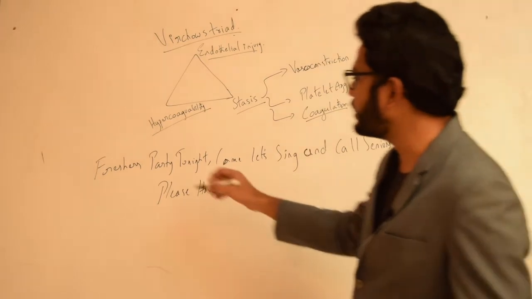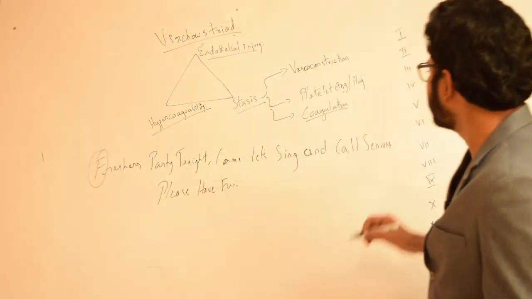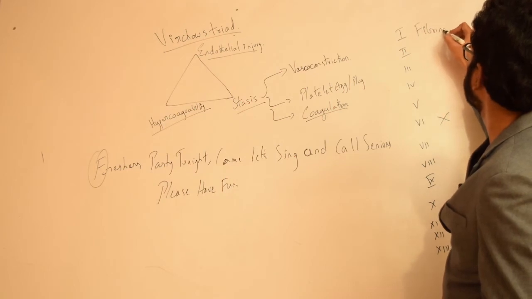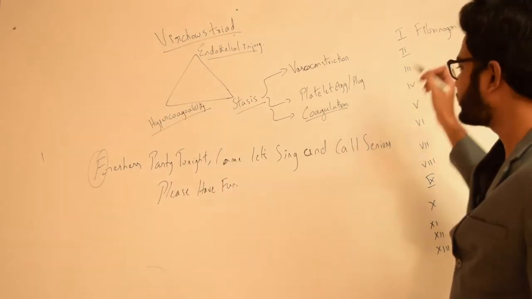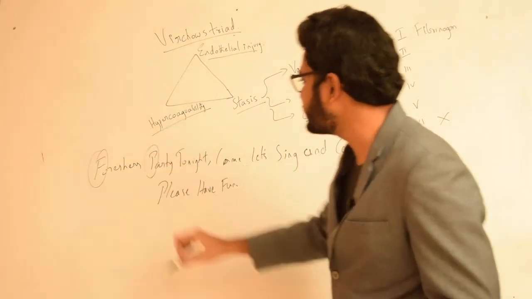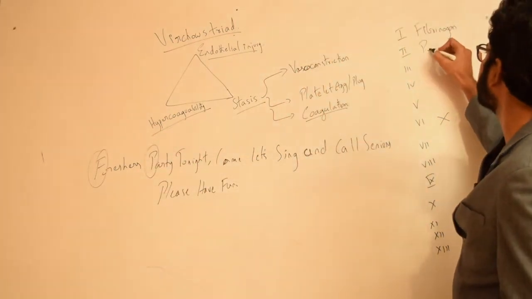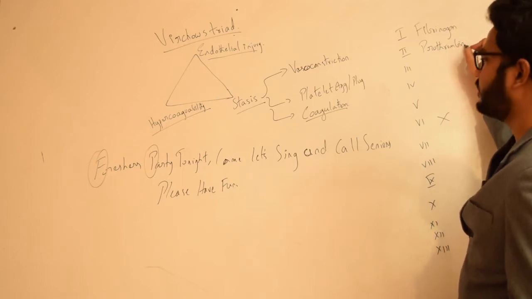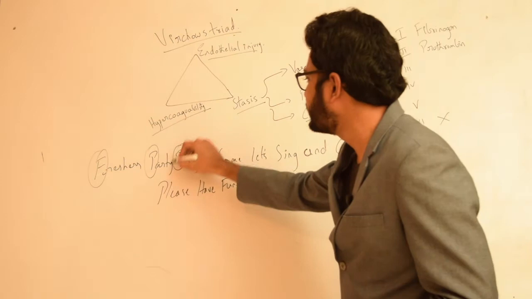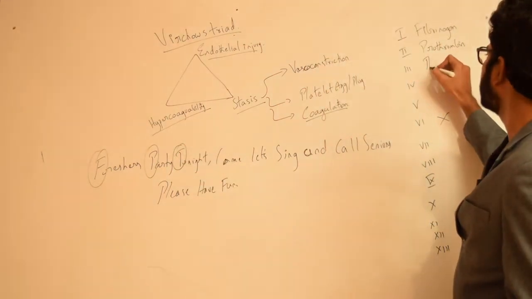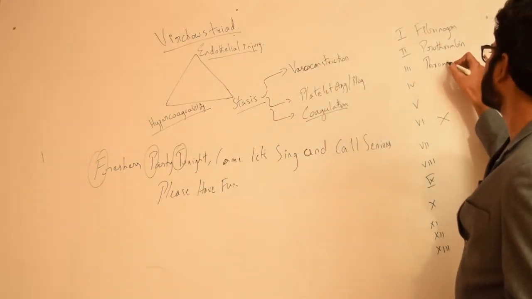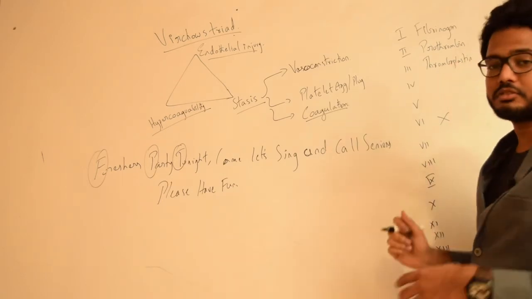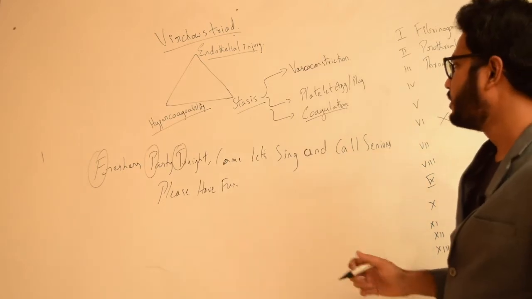The first factor, F, stands for fibrinogen, and factor 2 starts with P, that is prothrombin. Factor 3 is thromboplastin, tissue factor, which is present within the tissue but not in the blood.